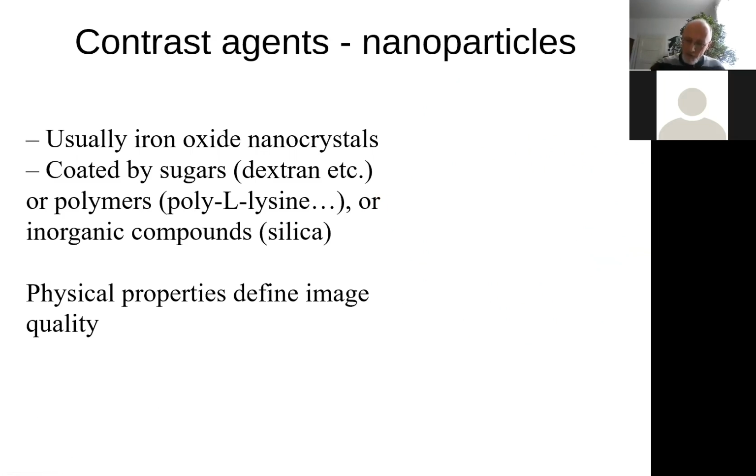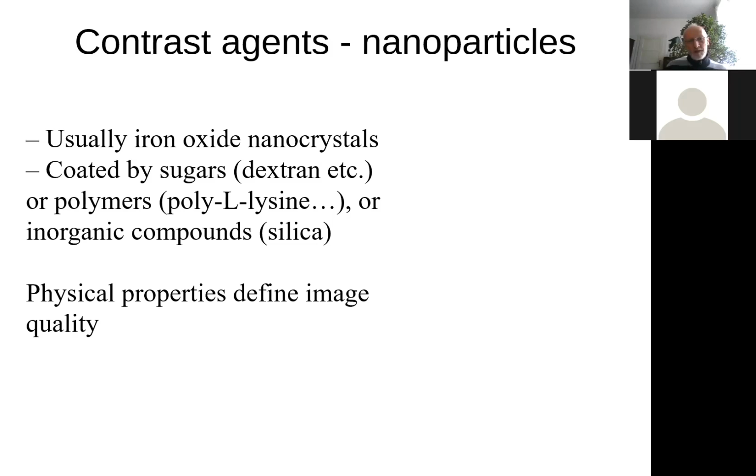One very important thing in this method is the question of the contrast agents. Here, the case of nanoparticles. I already mentioned that we need superparamagnetic particles. I already told you what it means.